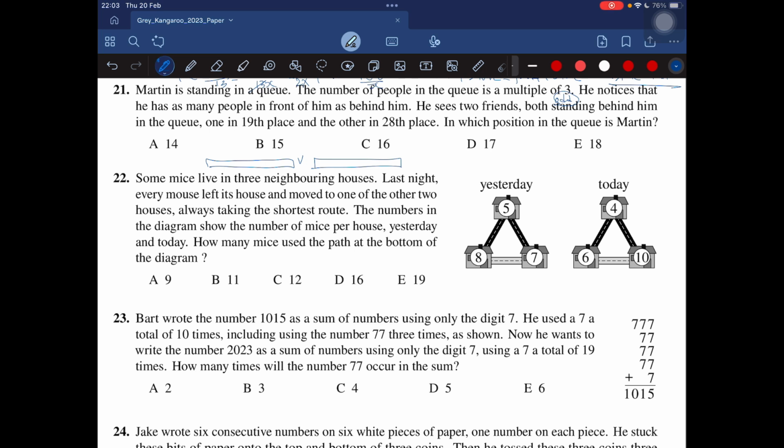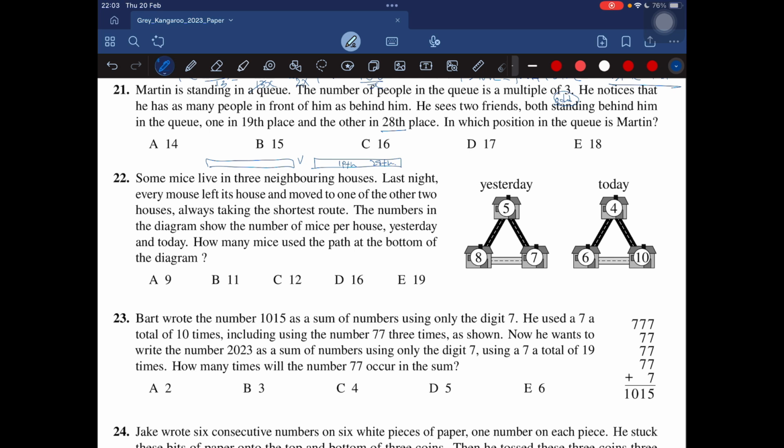He sees 2 friends, both standing behind him in the queue, one in 19th place and the other in 28th place. So which means it should be larger than 28, and 19th here, 28th here.